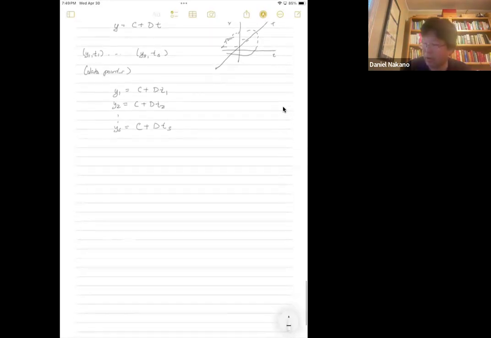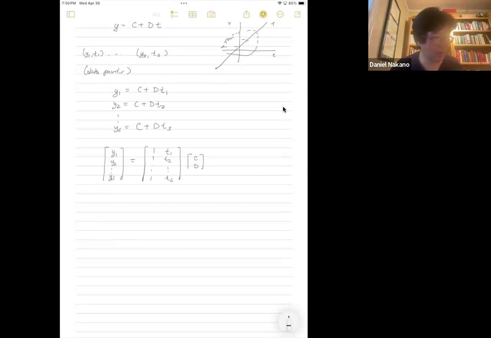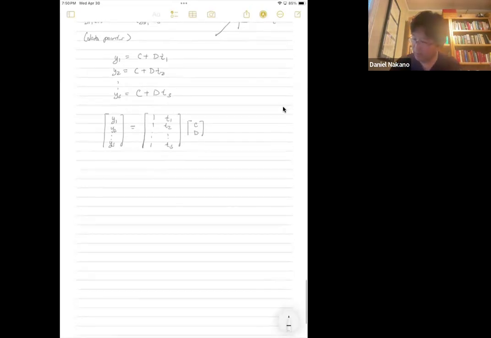And then when we write this out in vector form, this is going to be y1, y2 up to ys, and that's going to be equal to the matrix with rows 1, t1; 1, t2; up to 1, ts, times the vector (c, d). So when you matrix multiply everything out, you just get this set of equations. And notice this is going to be A, this is our B here, and this is our X.